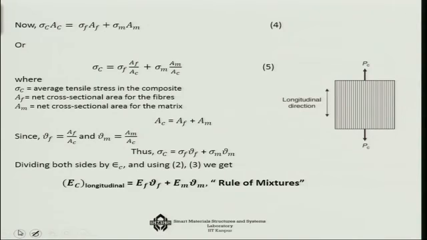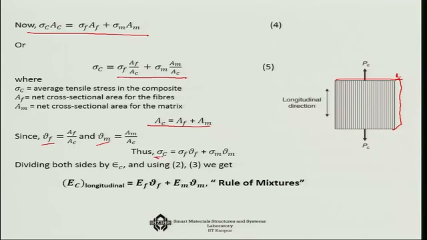We see that sigma c Ac is sigma f Af plus sigma m Am, which means sigma c is sigma f Af by Ac plus sigma m Am by Ac. Since you are considering the cross-sectional area and a unit thickness of the system, Ac is Af plus Am, and that is nothing but Vf and Vm.